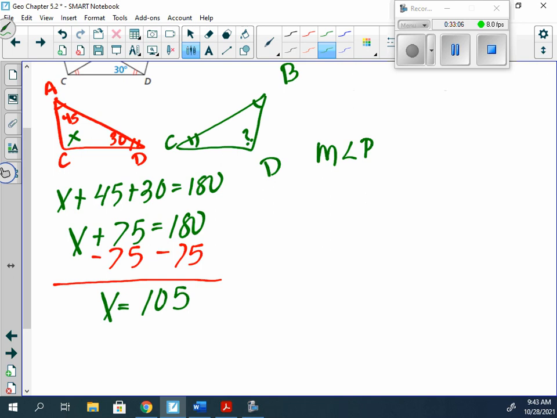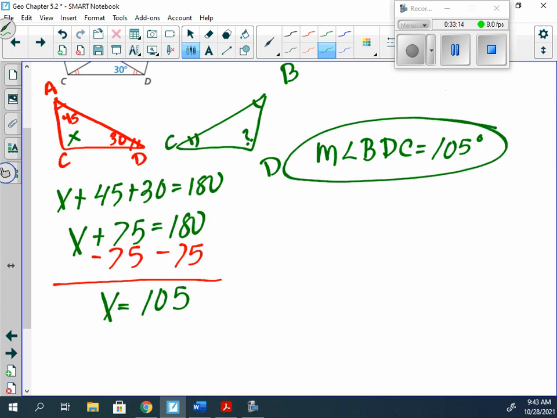So the measure of angle BDC is 105 degrees because its corresponding angle was also 105 degrees. Questions on this here?